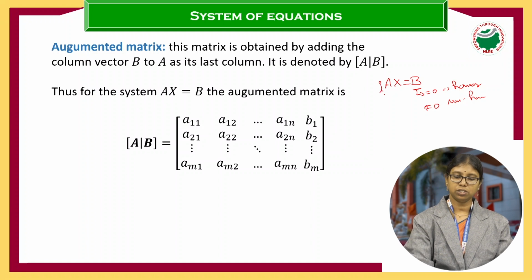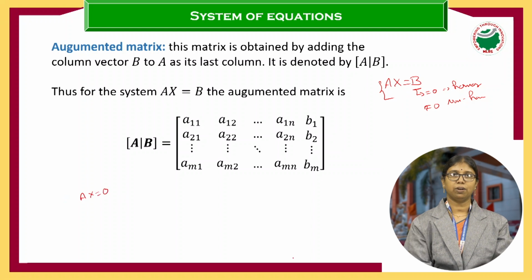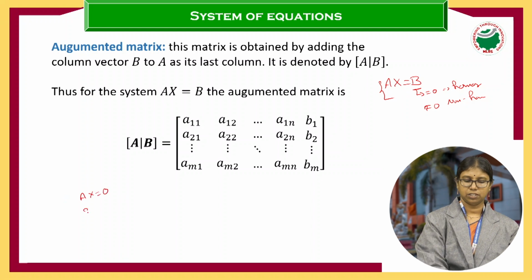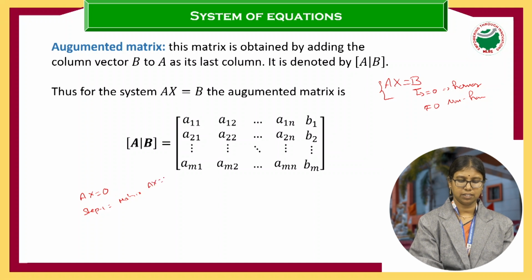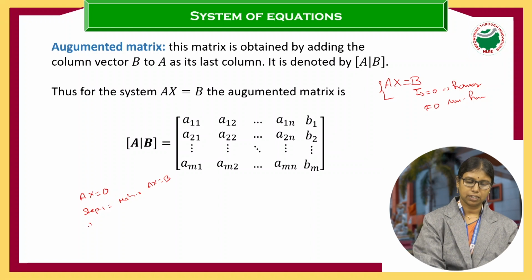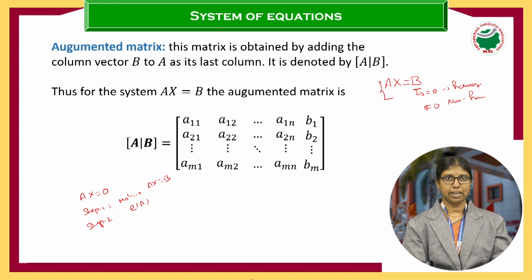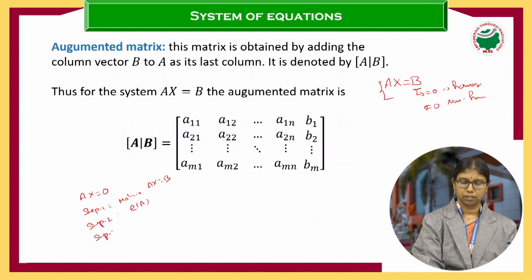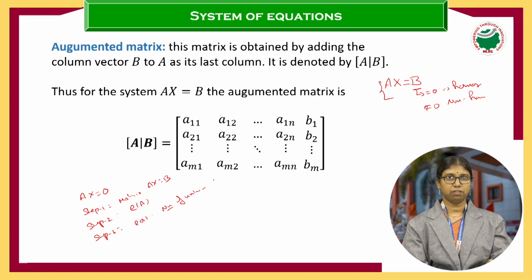To solve the homogeneous system of equations, that means to solve the Ax equal to 0 form, we followed three steps. Step 1 is the matrix representation for the given system of equations, that is Ax equal to B, and identify the values of A, X, B. In step 2, you have to calculate the rank of the matrix A. In step 3, you have to compare this rank value with the number of unknowns for the given system of equations.